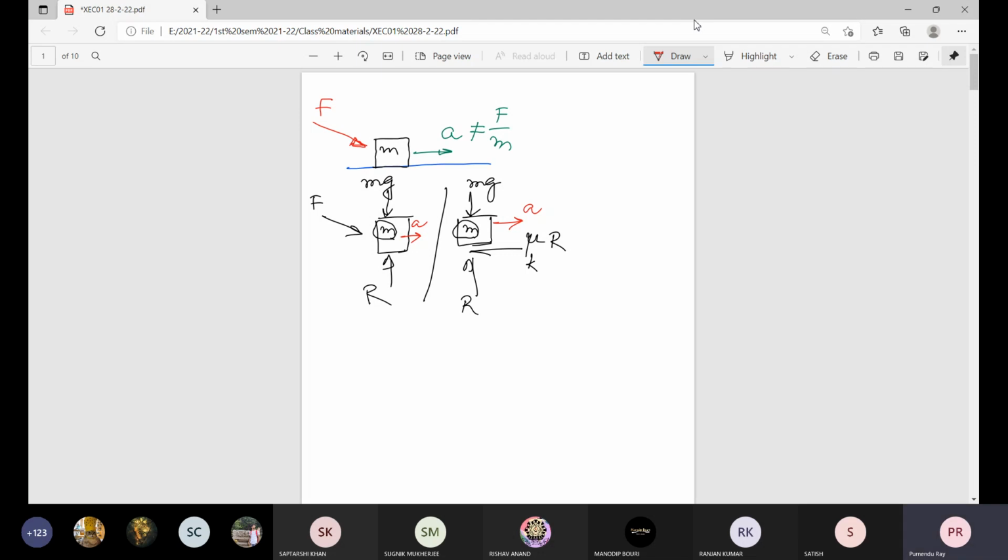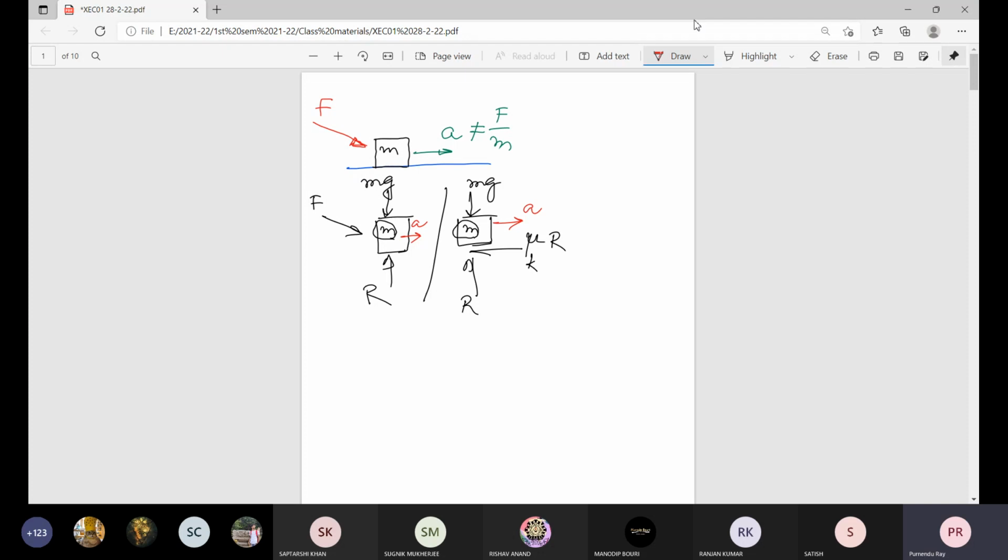Either you find the resultant, and along the direction of the resultant force the object will move, and simply we can find out the acceleration if mass is constant. So the resultant force divided by the mass is the constant acceleration. Otherwise, if there is some changing mass, or suppose a tanker is moving and there is a hole at the bottom of the tanker and it is moving along a horizontal track, there also water is continuously moving out of that container, so the mass of that container is continuously decreasing.